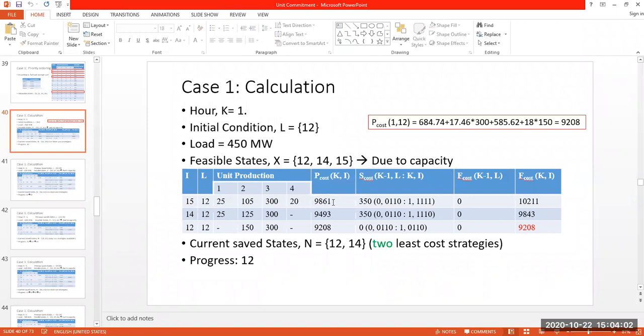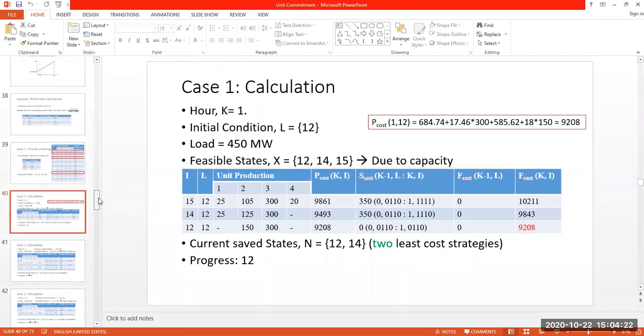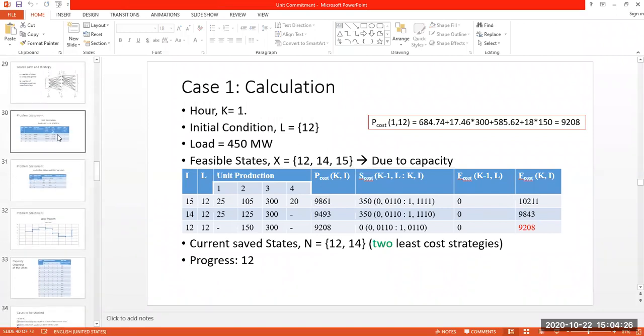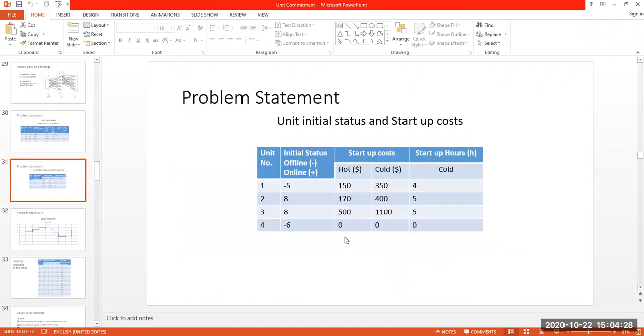Then you can calculate this cost, simply using this formula. Now it will be P cost 1 comma 15, because 15 is your value of I here. Now the transition cost: it was 0110, now it has become 1111. So let's check the associated startup costs on slide number 31.